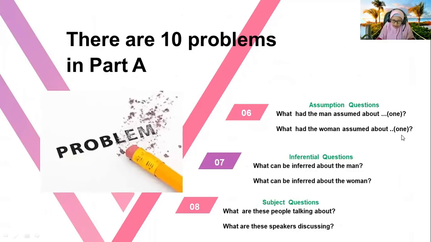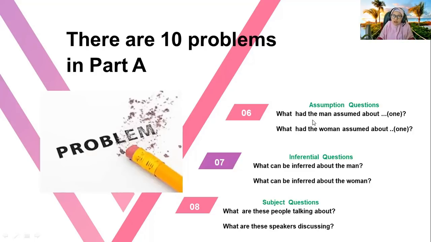Okay, this one is menyimpulkan, asumsi. Jadi asumsi itu adalah perkiraan awal. So when someone tries to think at first, sometimes the beginning assumption will be different with the final assumption.